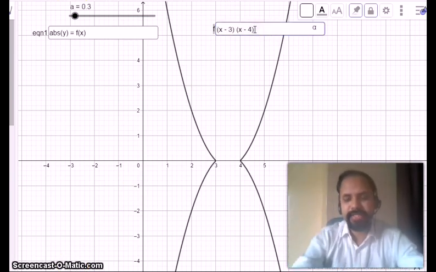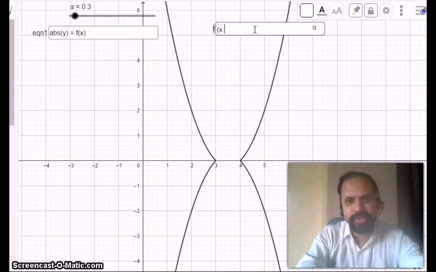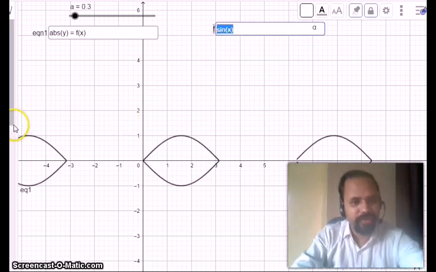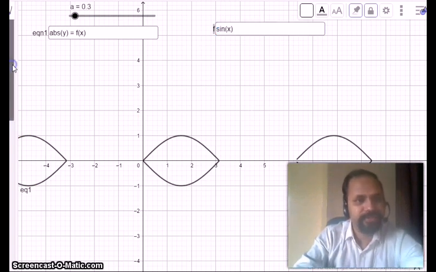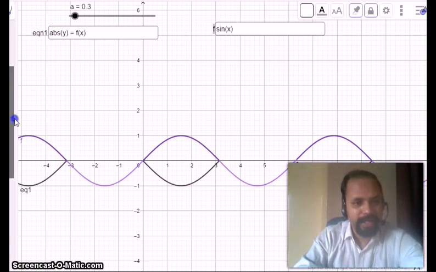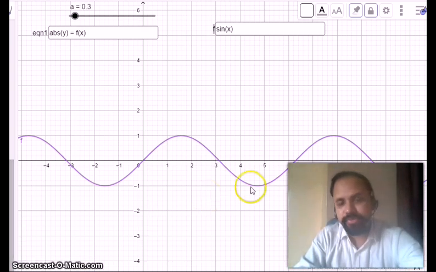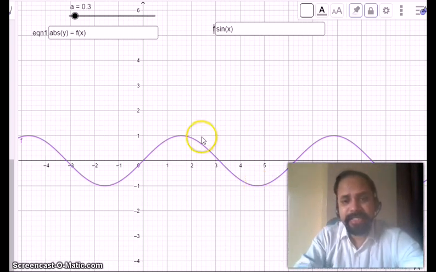We can draw the graph of sin x also. If we take sin x, we have the graph of sin x, this one. And simply remember the trick. We omit the part that is below the x-axis and then take the image of the part that is above the x-axis.